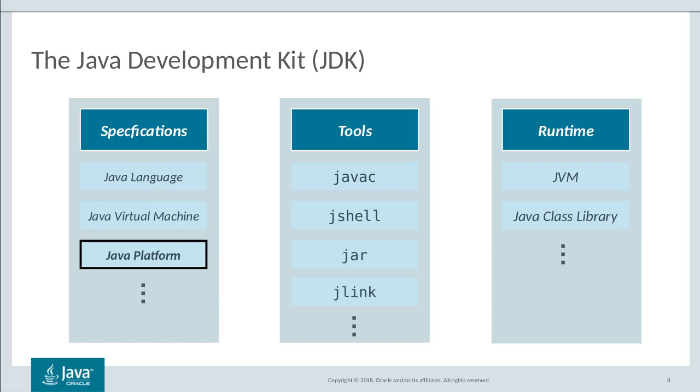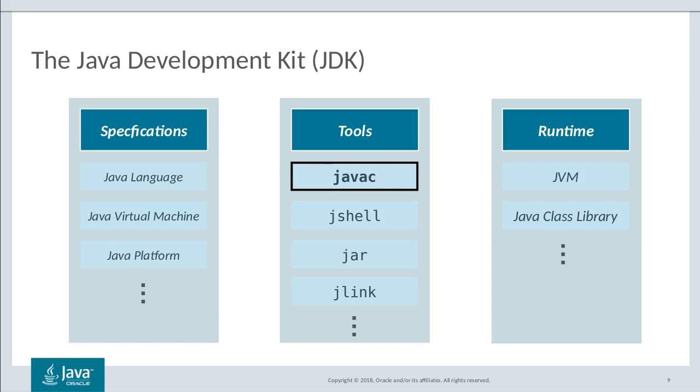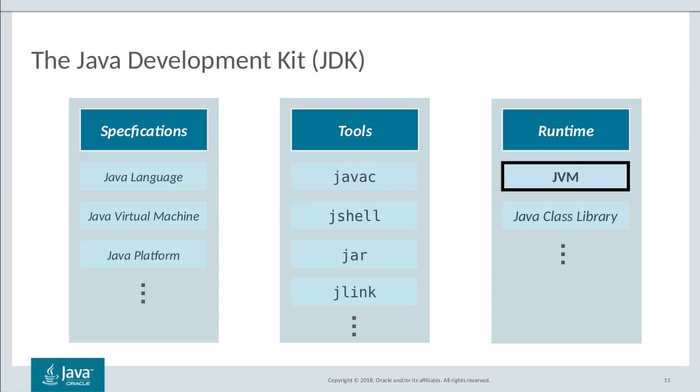For example, we have the new unmodifiable collections in JDK 10. The tools themselves are also updated. For example, in JDK 10, javac will provide nicer error messages, and JShell will start up faster. But for this talk, we're going to focus on the updates to the JVM in JDK 10.